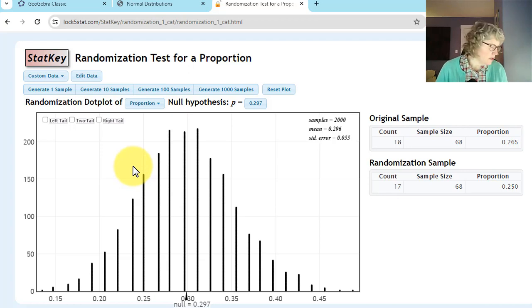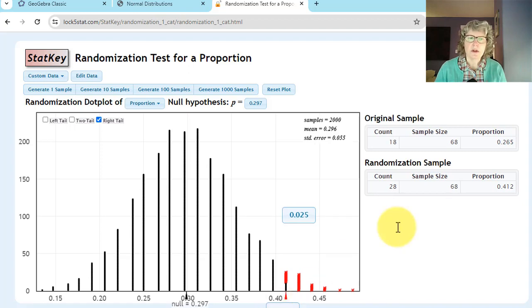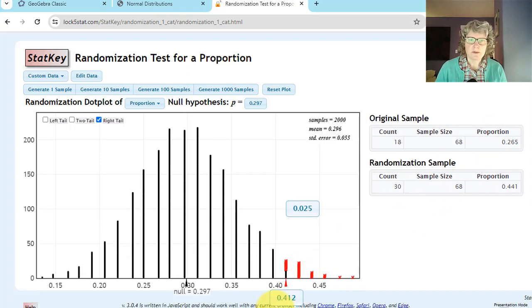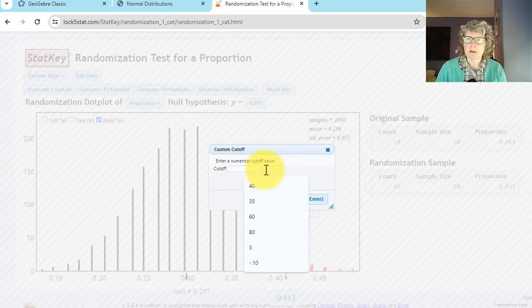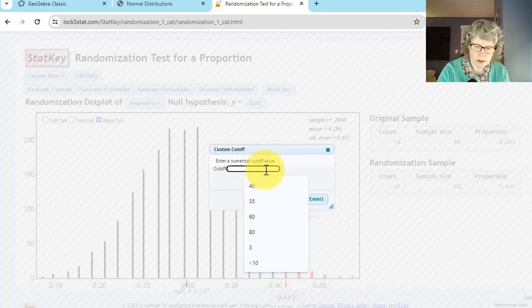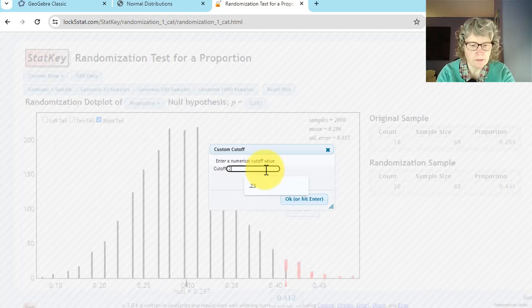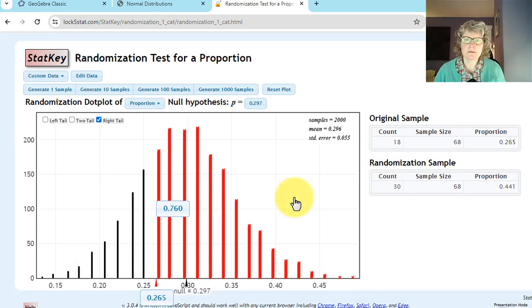And then we are doing a right tail test, so we would click on right tail. And then we're going to put our original sample in this right tail box at the bottom. So I'm going to put in 0.265. Well, I'm just curious what happens if I do 2647.